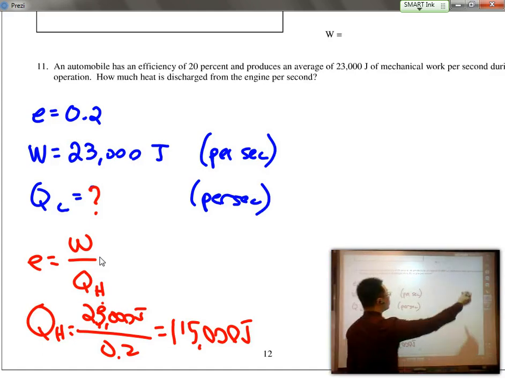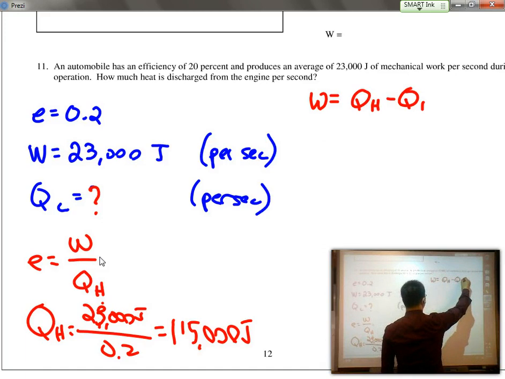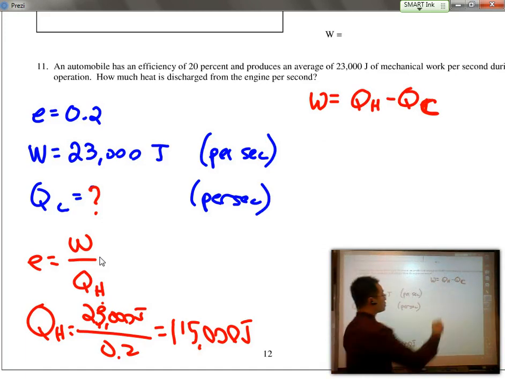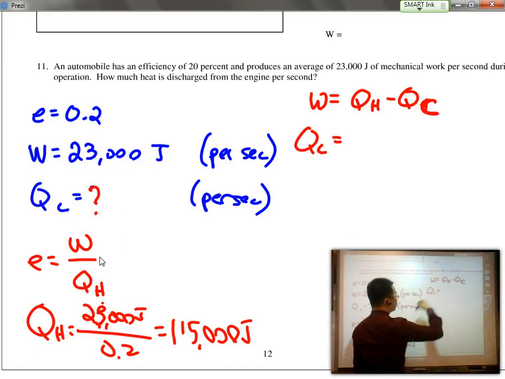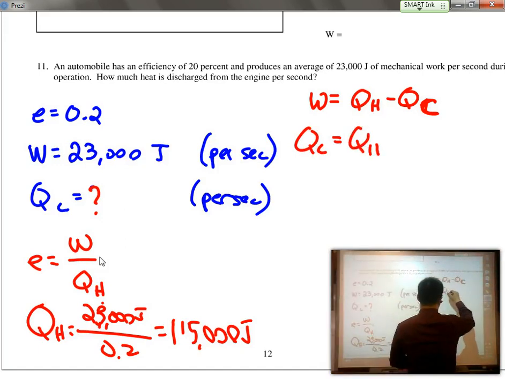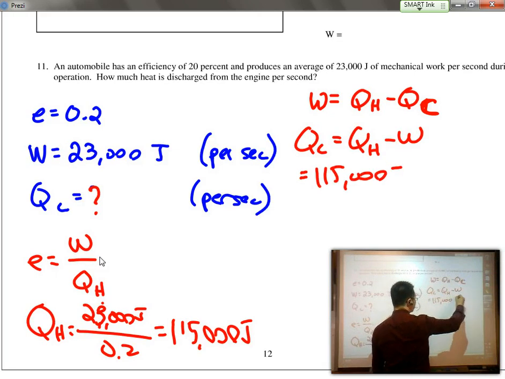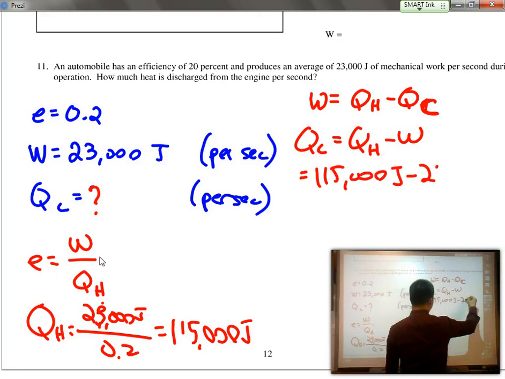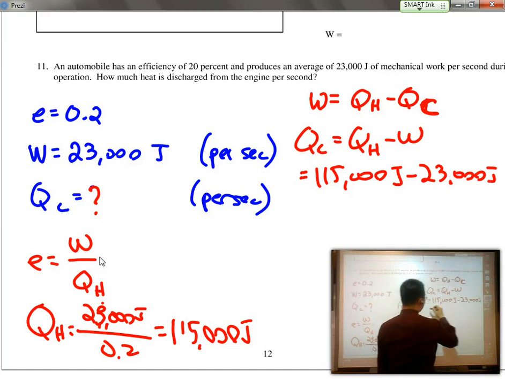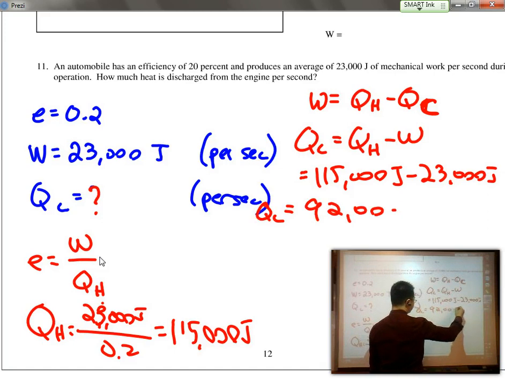And since work is equal to the difference between the heat input and the heat output, then QC is simply equal to QH minus work, which is equal to 115,000 joules minus 23,000, which is equal to 92,000 joules.